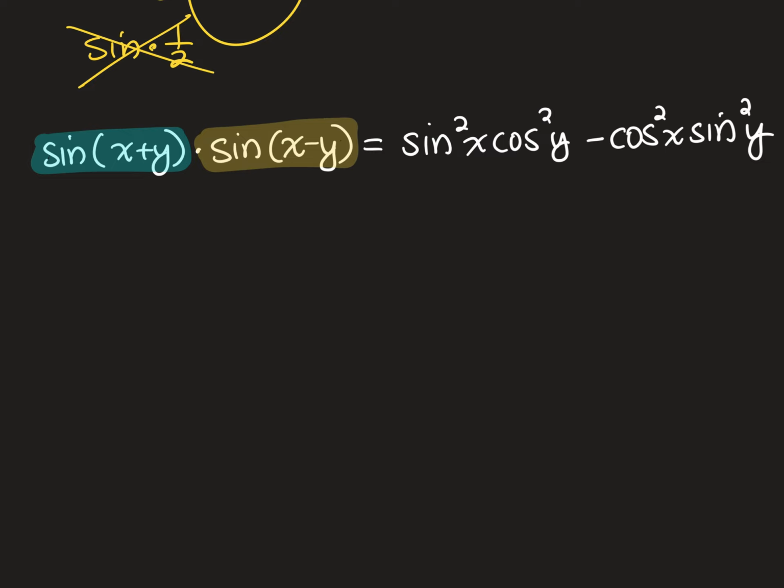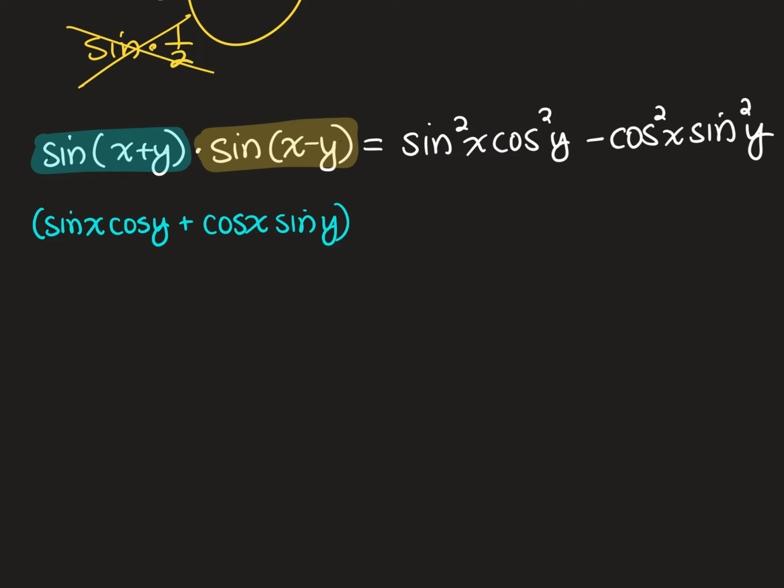That entire first expression that I've highlighted in the teal will be able to be replaced with sine of x times cosine of y plus cosine of x times sine of y. This is right off of your reference sheet. All I did was change u and v to x and y. That is all just that highlighted teal piece.